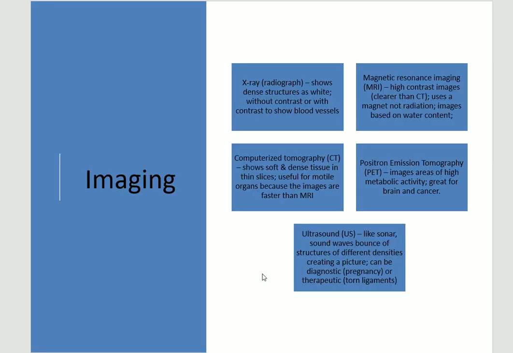All right, we're going to do just a very quick look at imaging. So x-rays or radiographs are going to show dense structures as white. Fluid's going to be more dense than air. And things that are going to pop up the best on x-rays are bones and metal, super, super dense. An x-ray with contrast shows blood vessels. Contrast is dye.